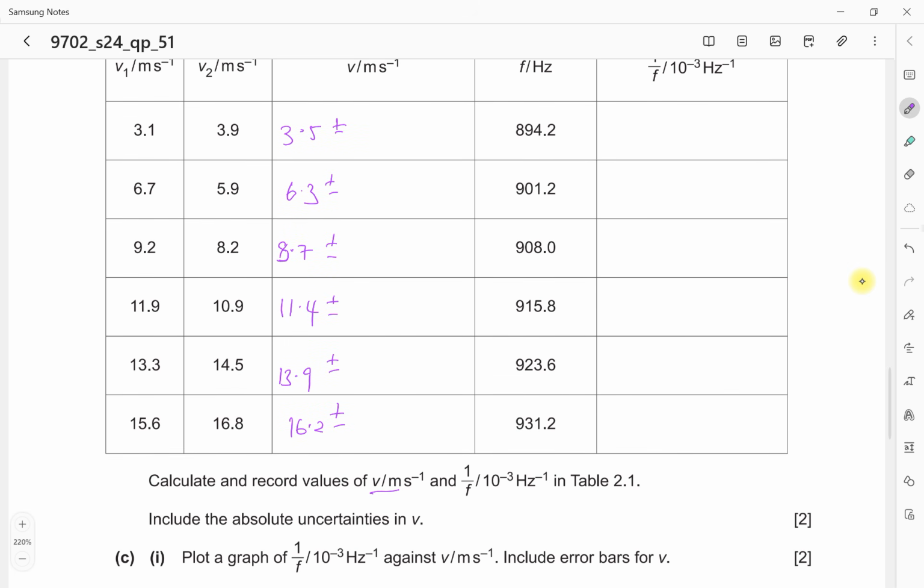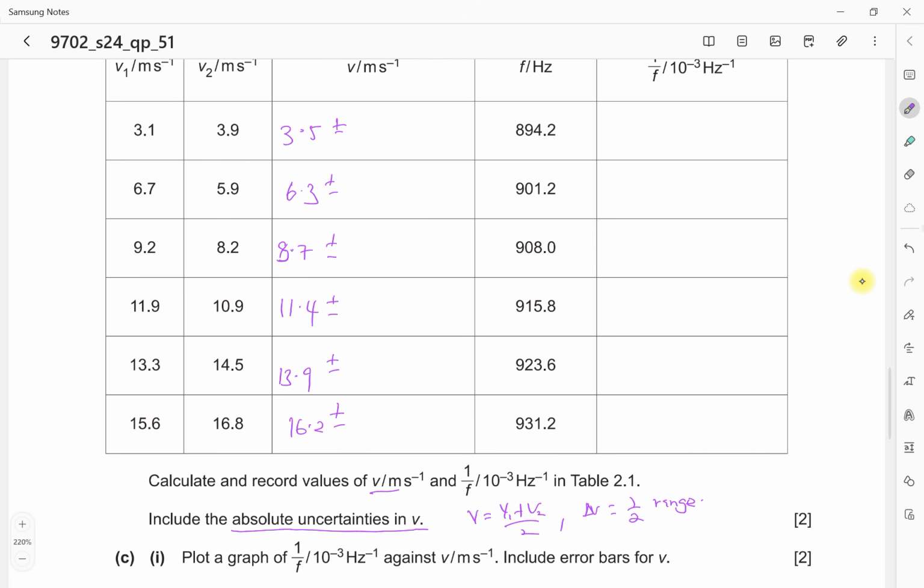So we are going to add uncertainties here, plus or minus. And 1 over f times 10 to the power of minus 3. Include the absolute uncertainties in v. Since v is equal to v1 plus v2 divided by 2, the absolute uncertainty in v is going to be equal to half of the range.